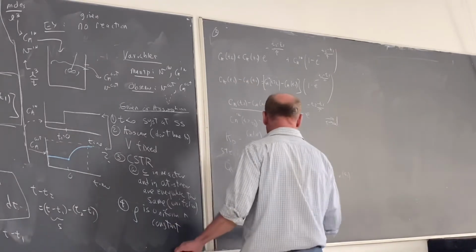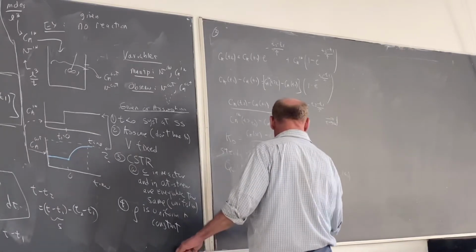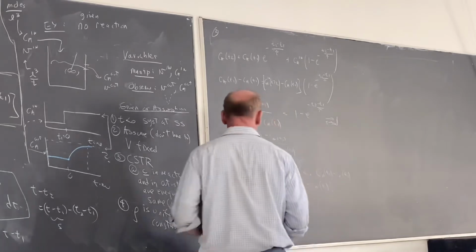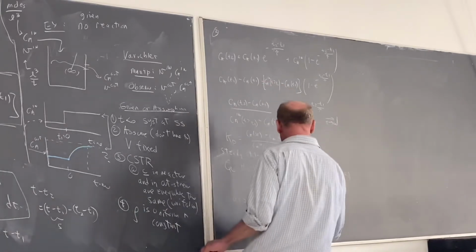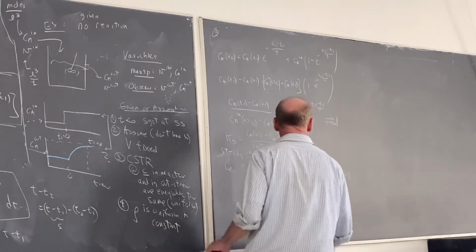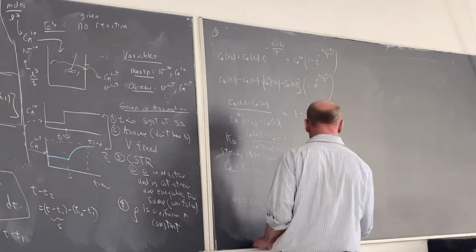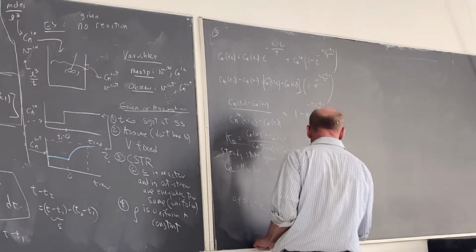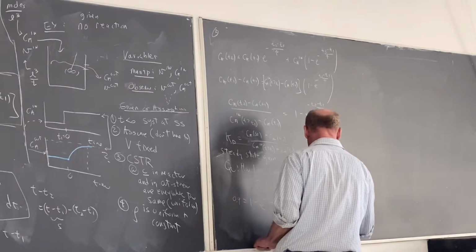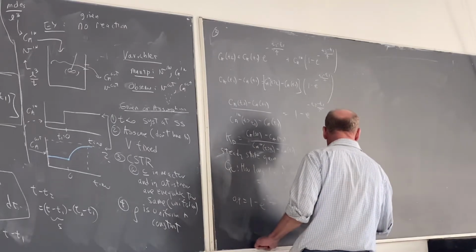So that tells me that 0.1 is equal to e to the minus (T2 minus T1) over tau. Or when I take the log, I have the log of this, which is minus the log of n, is equal to minus (T2 minus T1) over tau.